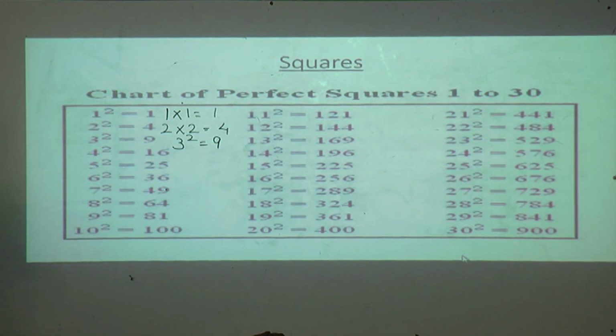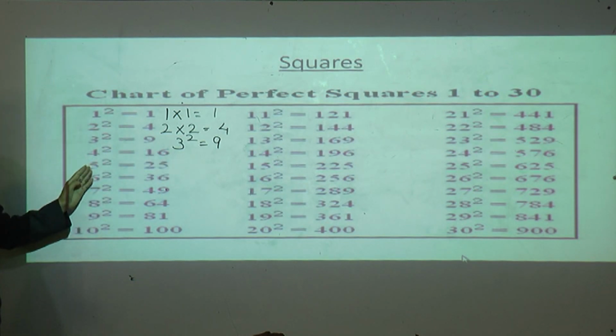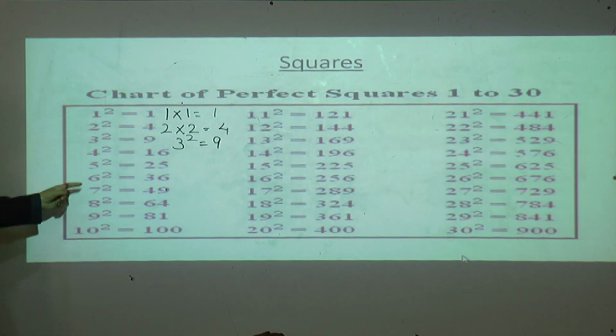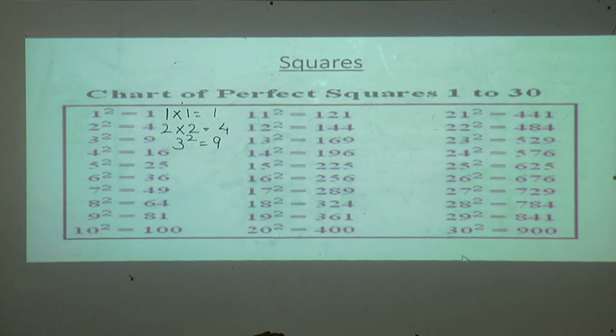Now for 4, the square of 4 is 16. Square of 5, 25. Square of 6, 36, square of 7, 49, square of 8, 64, square of 9, 81 and square of 10, 100.